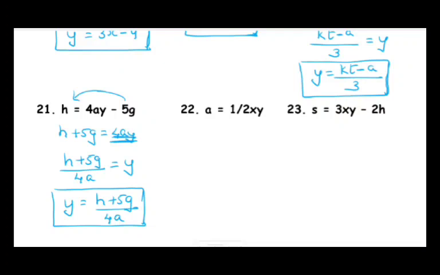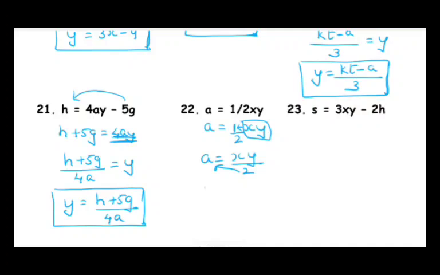It says a is equal to half xy. So first, let me write it again for a better understanding. So these two get multiplied by 1. So I can now write it as xy upon 2.